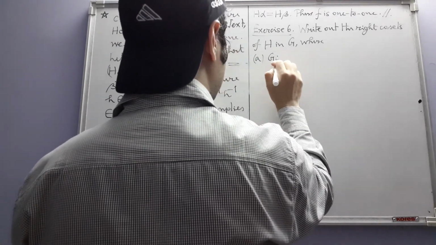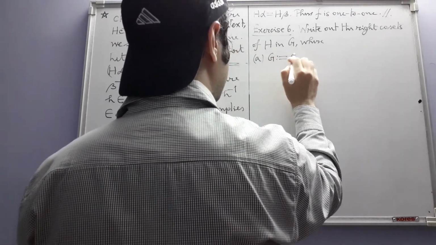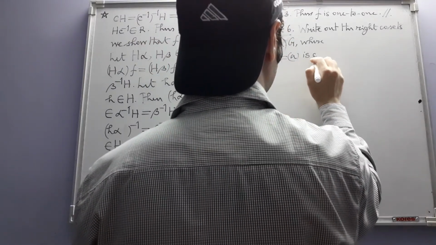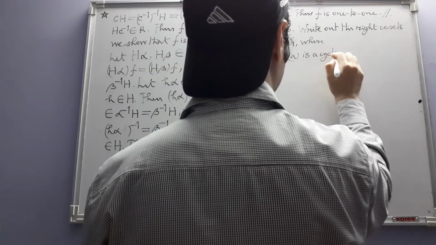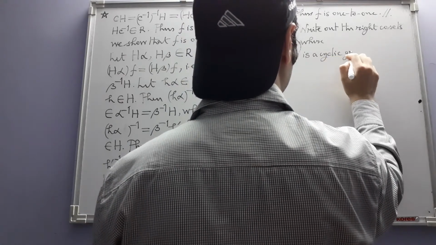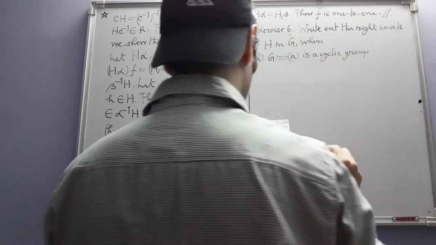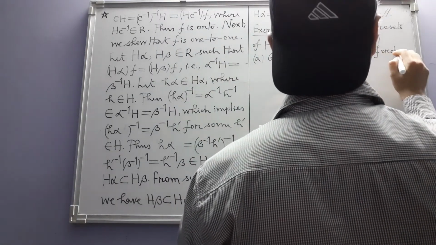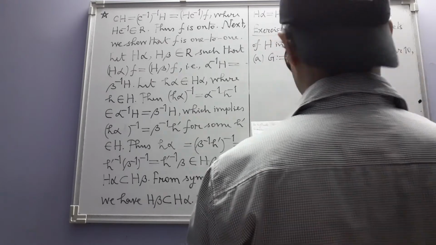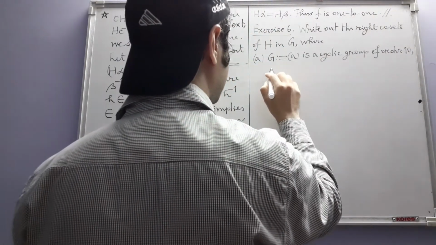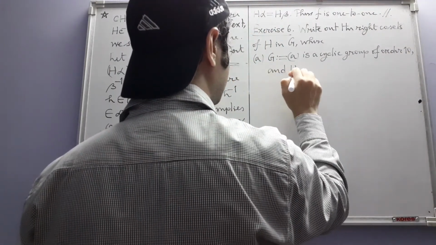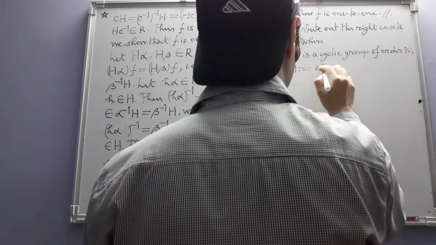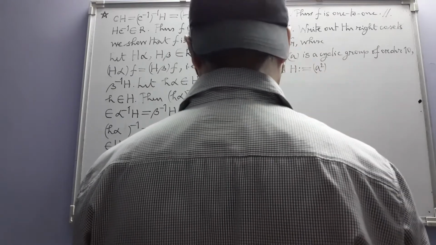Subdivision A is G is a cyclic group of order 10, and H is the cyclic subgroup generated by A square.